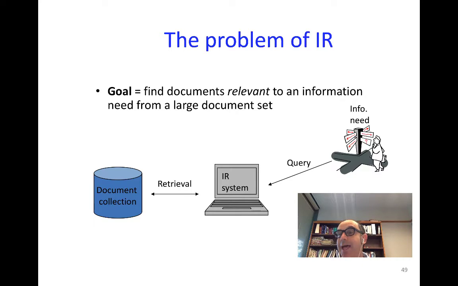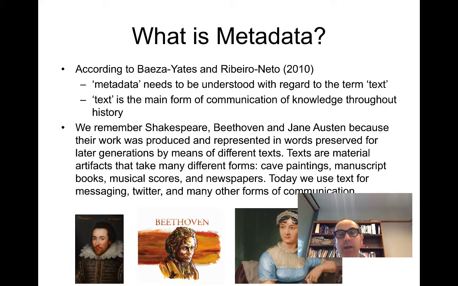And this is the problem that we often encounter. What do we do? This is still a problem for Google, and I'm sure that they are still working on that. One of the results of that was metadata.